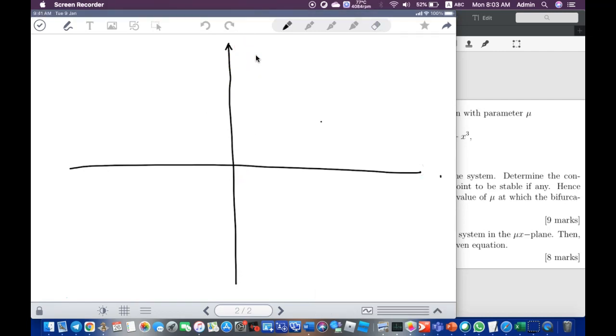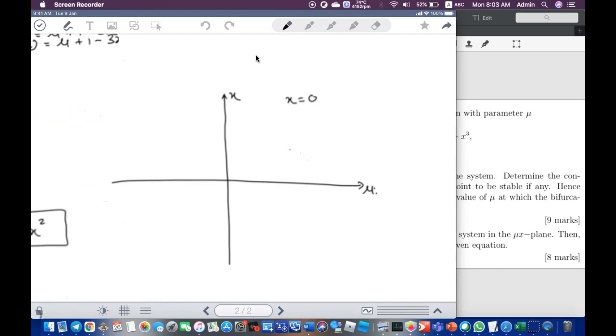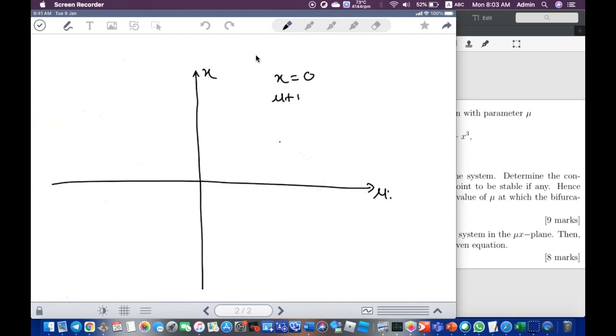This is a bifurcation diagram. So you have the line of x equal to 0, and also mu plus 1 minus x squared equal to 0. So x equal to 0, where is the line? So this is the line.